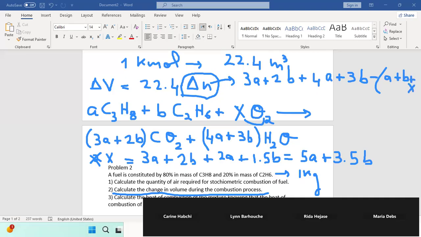Okay, so let us replace X by its value. We have already 3A plus 4A, 7A, minus A, so 6A, and minus 5A, so in total it's A. Now for B, we have 2B plus 3B, 5B, minus B, 4B, and we have 4 minus 3.5, so plus 0.5B.